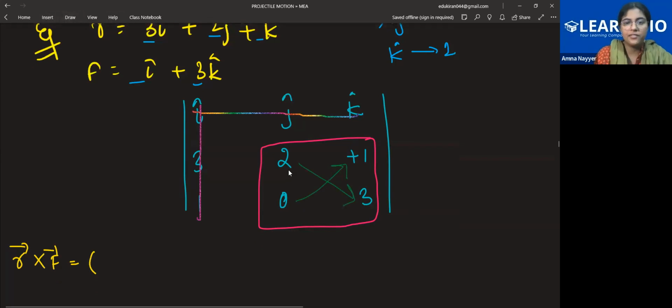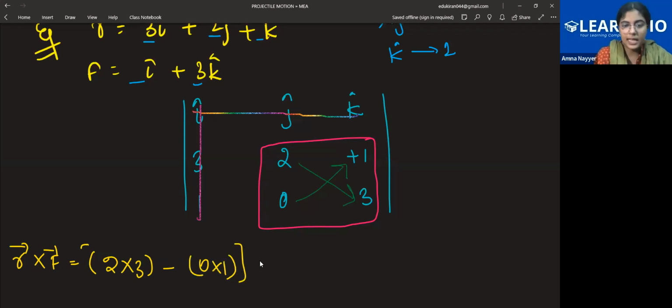So going vertically down and multiplying, that is 2 into 3 minus 0 into 1. This is the entire i cap, and this is how you have to write it. If you are not able to remember, you can write the steps in your own language in the corner of the notebook.